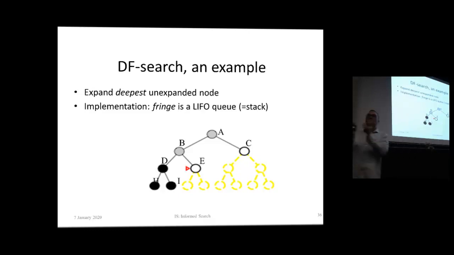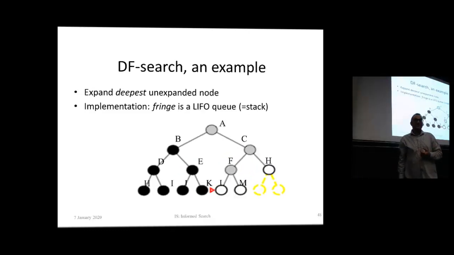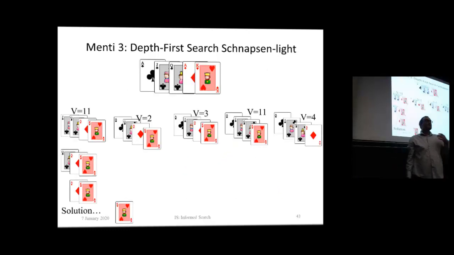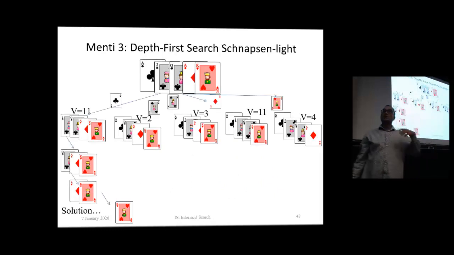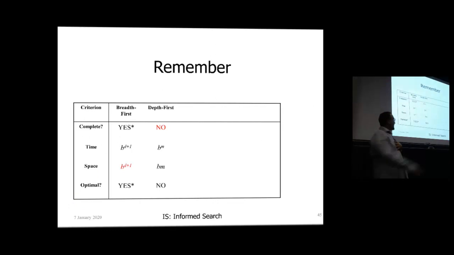So there's always only a very small part of the tree that is in memory. And that makes depth first search far more economical in terms of memory space. Again, optimality doesn't hold because we don't have completeness in the first place.